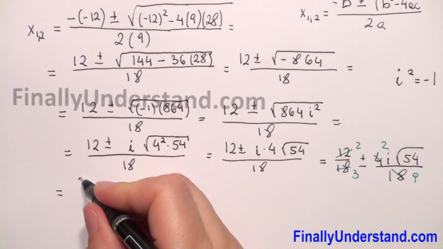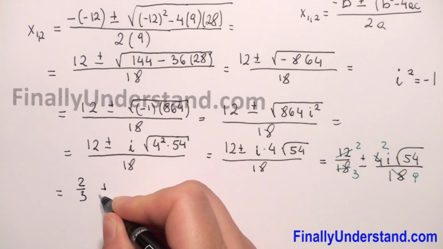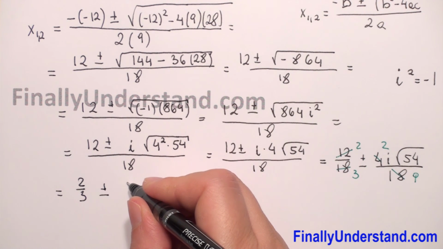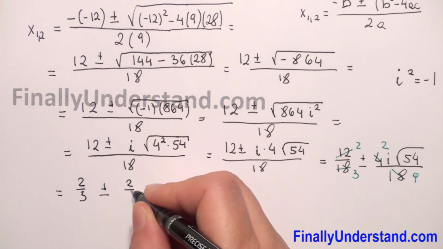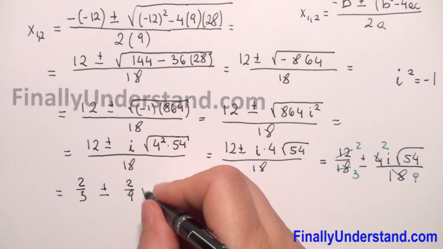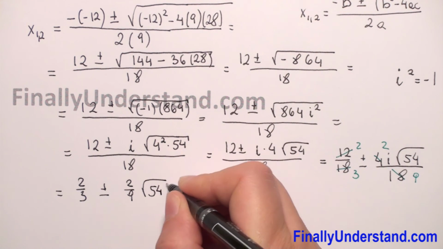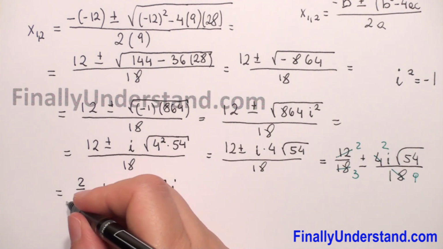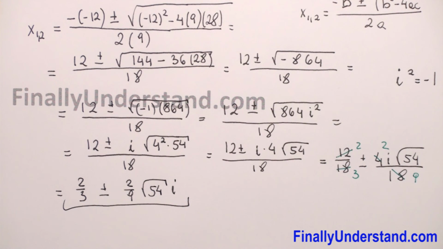So we have 2 over 3 plus minus 2 over 9. We can write square root of 54 times i. This is my solution. We got two imaginary solutions.